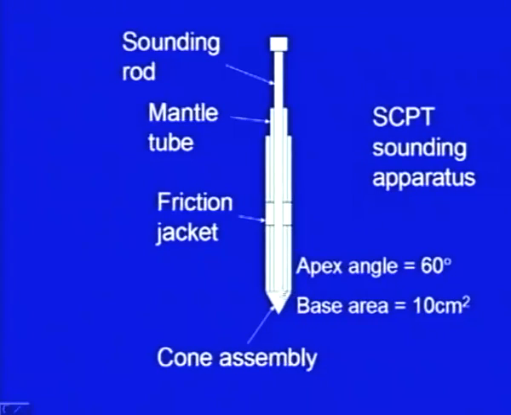The mechanism is such that using this sounding rod you can move this cone assembly. Then there is a friction jacket here, it can be moved separately, and then here it is a mantle tube. This cone has the apex angle of 60 degree as usual, and base area is 10 centimeters square.